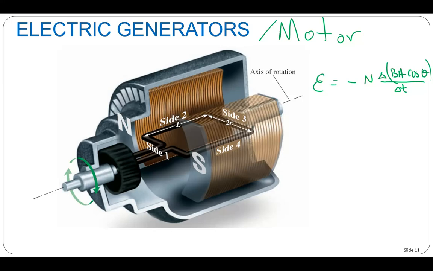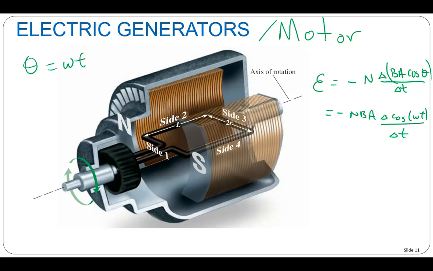So if I write theta is equal to omega t, that is a constant rate of rotation, then this is equal to minus NBA delta cosine of omega t over delta t.